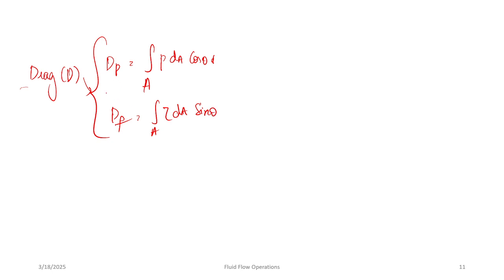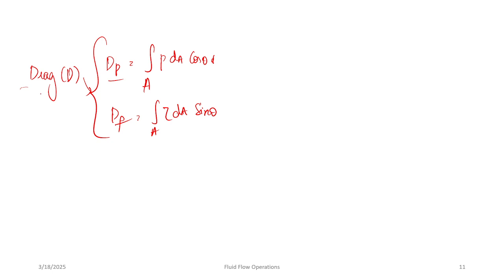Okay, so the drag D on the body is the sum of pressure drag dP and friction drag dF.